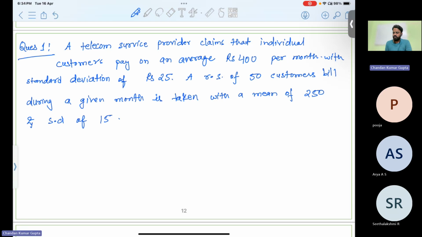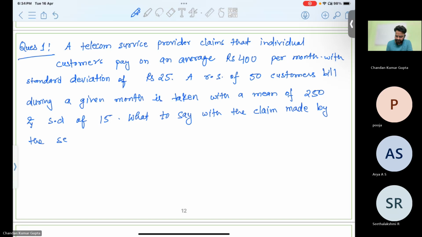Now what to say with respect to the claim made by the service provider at 5% level of significance?